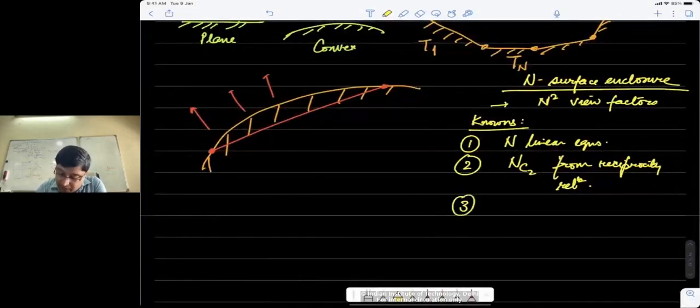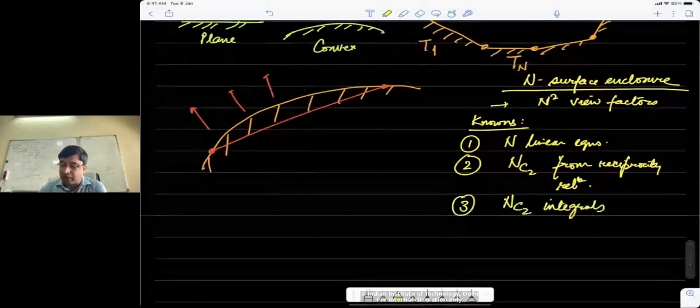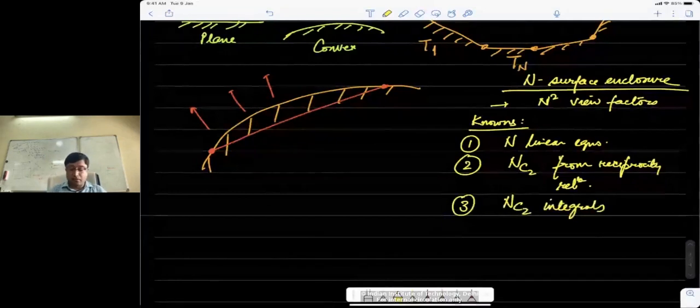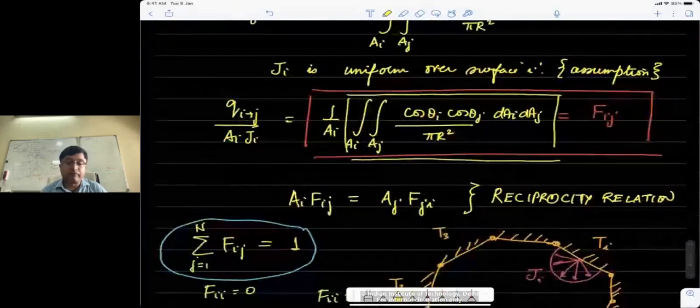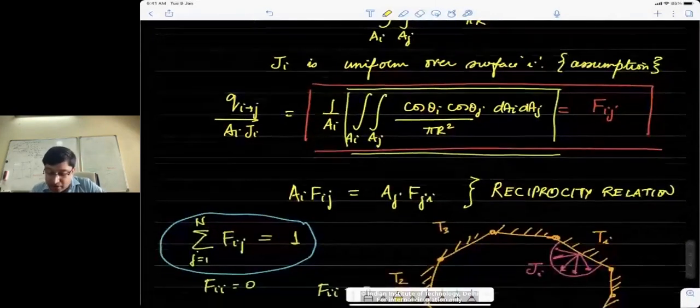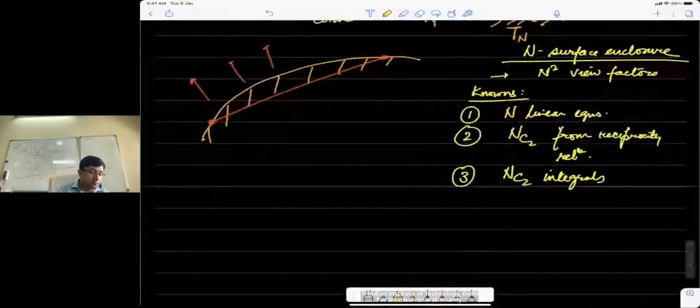The third is that you'll have to write NC2 number of integrals to calculate view factors. Integrals means the view factor integral, this integral. For NC2 pairs of surfaces, and these could be any NC2, you can write independent integrals.